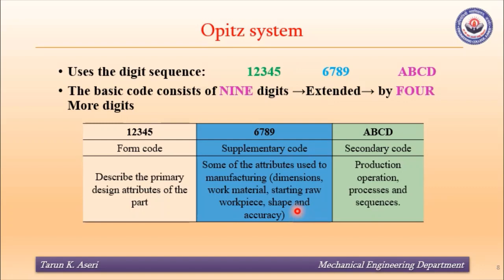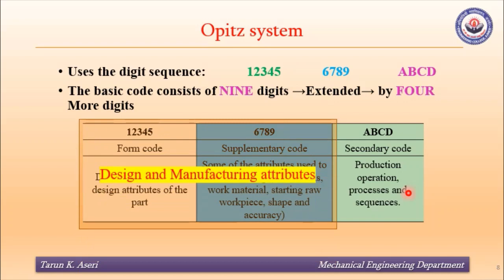The secondary code provides information regarding production operations, processes, sequences, etc. So the design and manufacturing attributes are provided by the form code plus the supplementary code, whereas the secondary code can be designed by the firm as per its need.